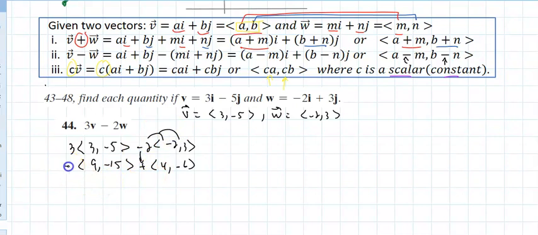It makes no difference. And either way, I should get 9 plus 4 and negative 15 minus 6. I should get 13 and negative 21 for my answer.